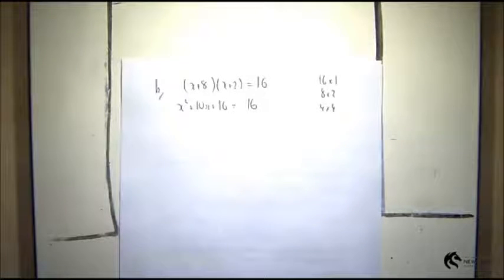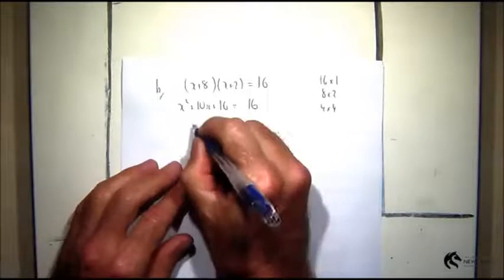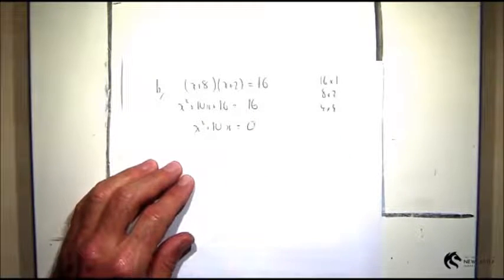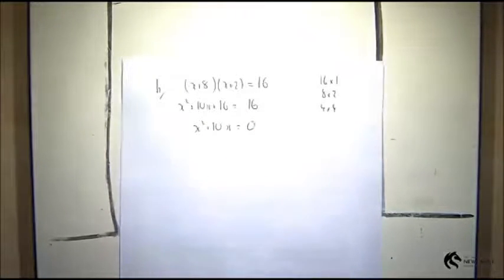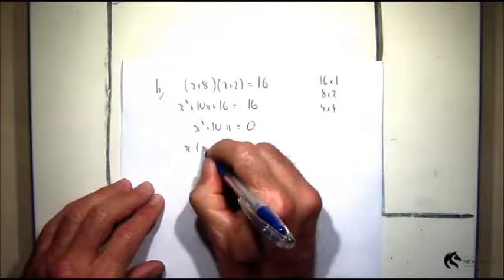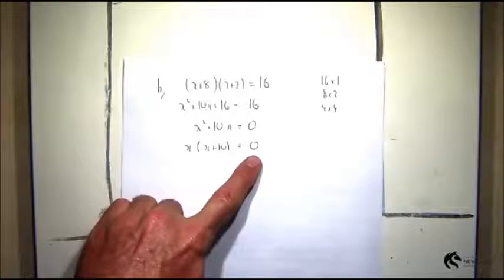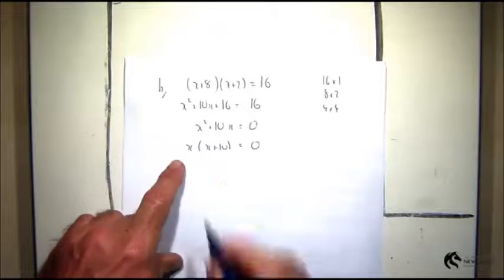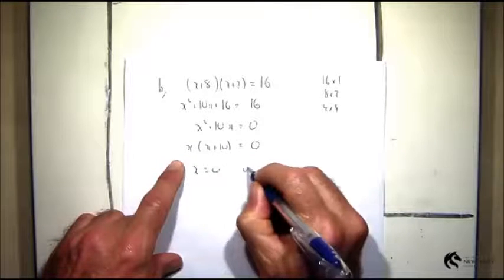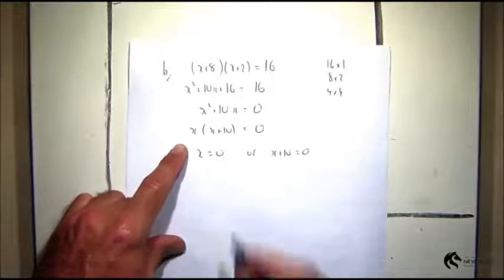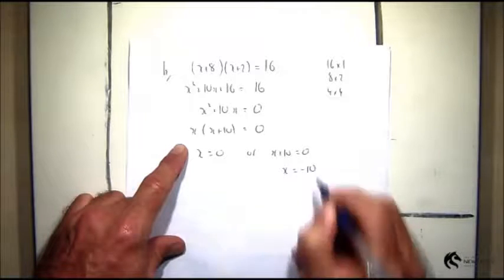Now I subtract 16 from both sides, and I end up with x squared plus 10x is equal to 0. Now I can factorise. And this one has a rather simple factorisation because I can just take x out, and I have x times x plus 10. Now I have two numbers that multiply to give 0, therefore either x is 0 or x plus 10 is 0. So x is minus 10 is the other possibility there.